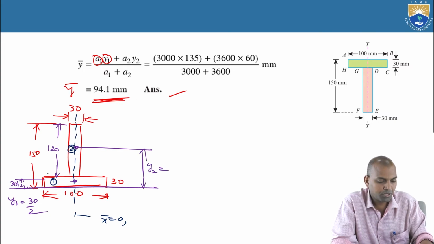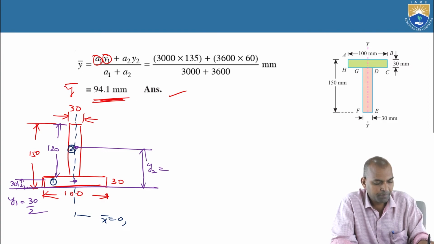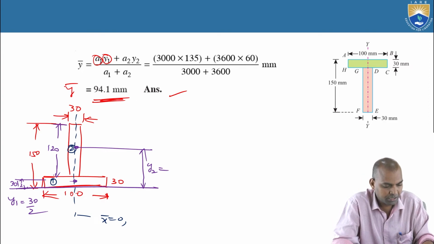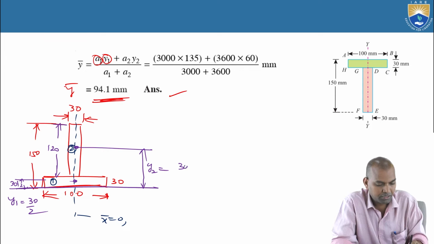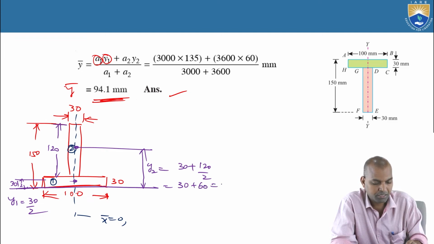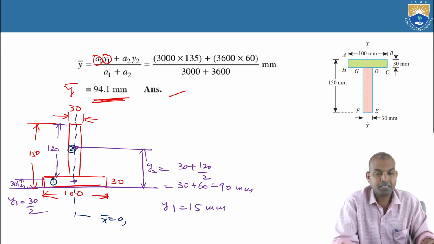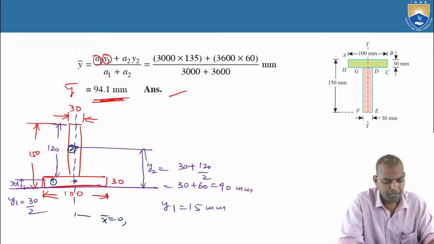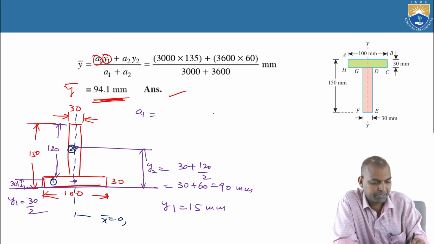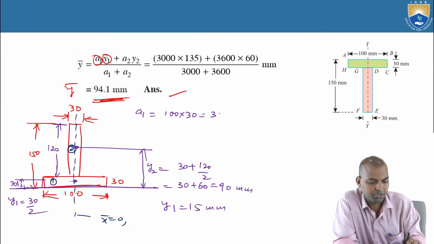Y2 equals 30 plus 120 by 2, that is 30 plus 60, 90 millimeters. What about A1? The area of section 1 is 100 by 30, that is 3000.